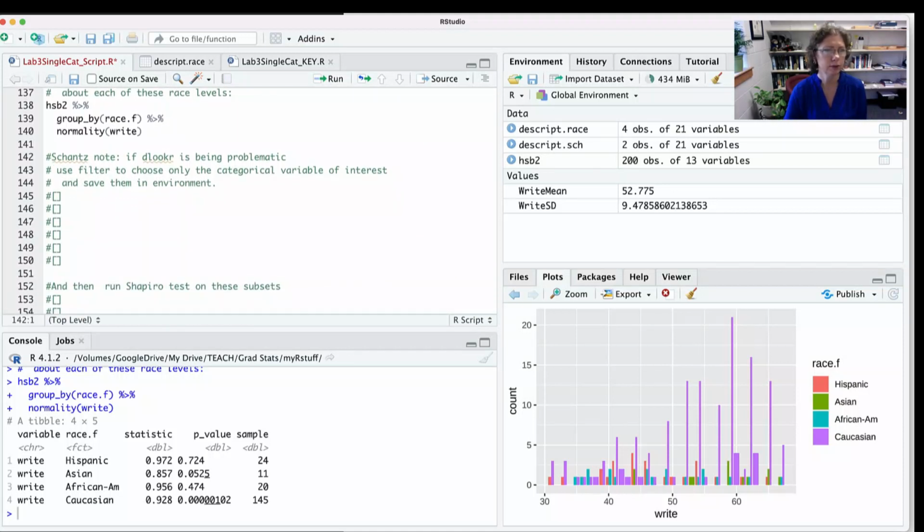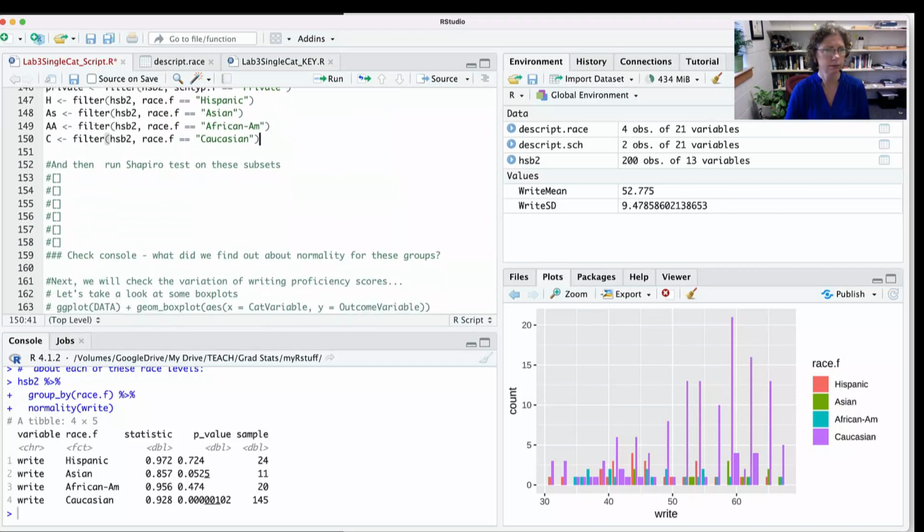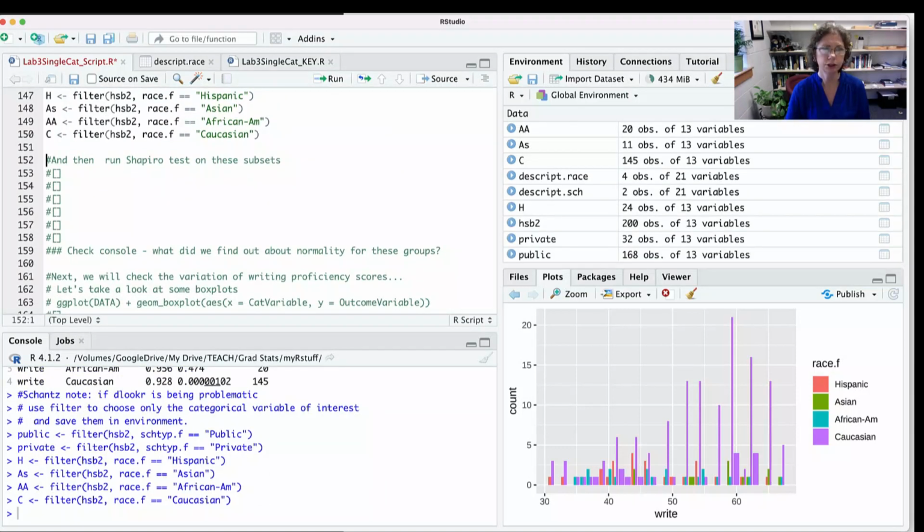Again, if dlookr is being problematic, you would use filter to choose only the categorical variables of interest, save them in the environment, and run Shapiro tests on each one of them as well.